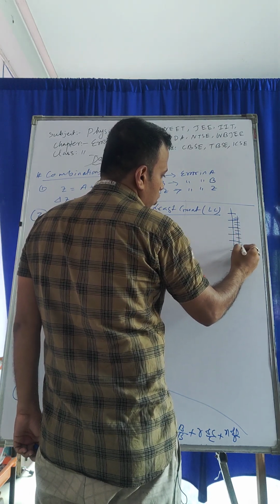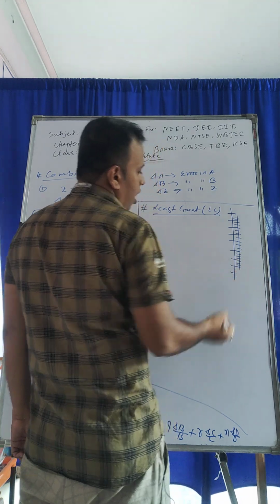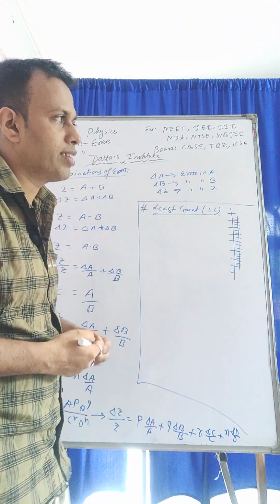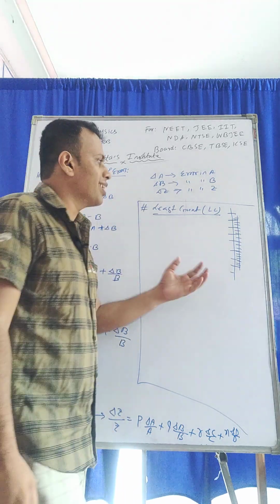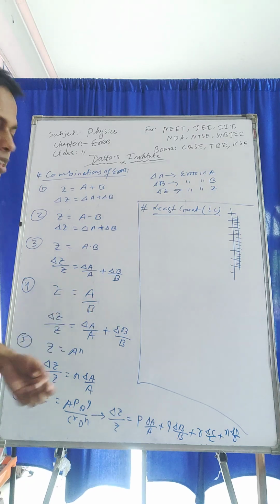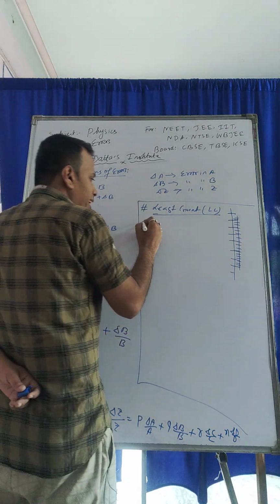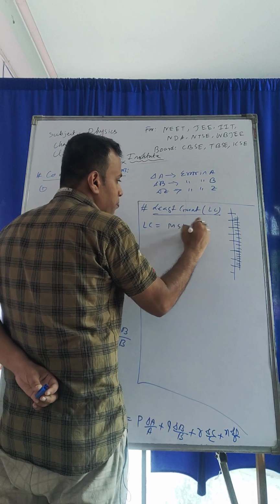So we have to find out how many divisions of the Vernier scale coincide with how many divisions of the main scale. Got my point? By using this formula we can easily find the least count: LC is equal to MSD minus VSD.